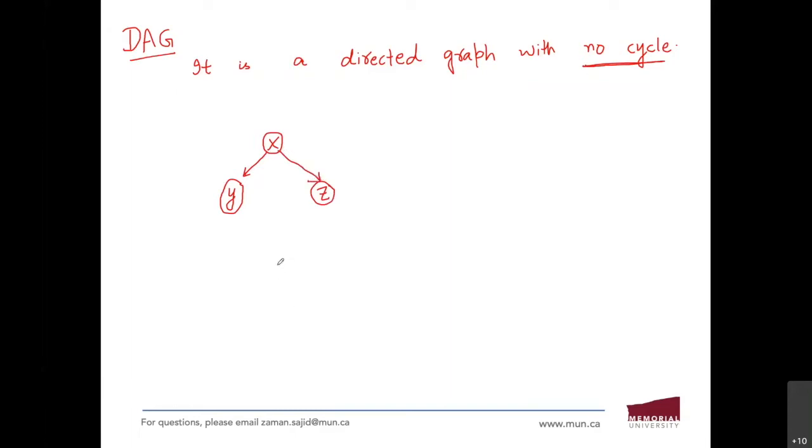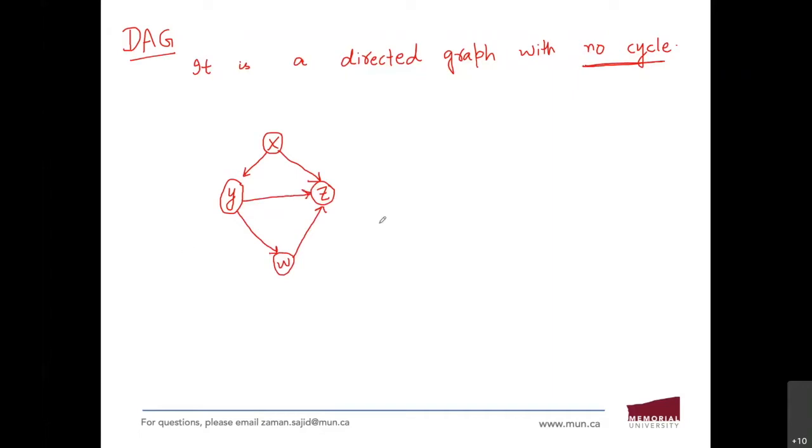I also have a w variable. My y is going into w, and w is going into z, and this y is going into z as well.